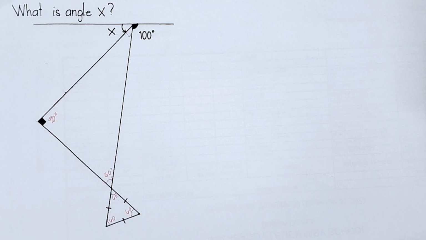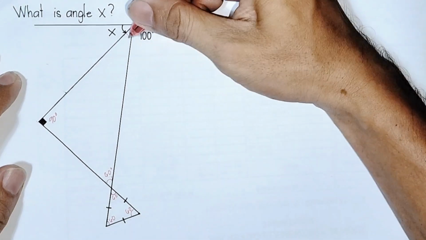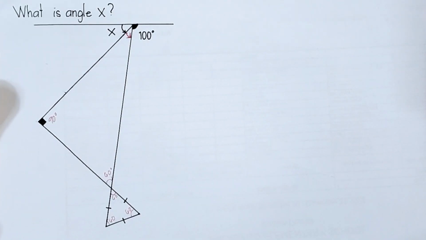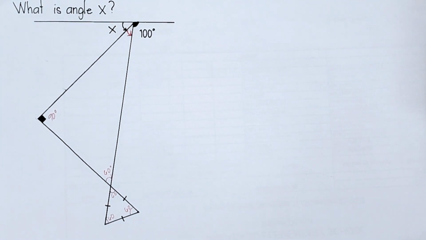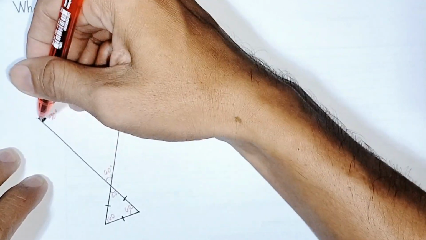Now remember that the sum of all the angles of a triangle is equal to 180 degrees. So to solve for the value of this angle here, we're gonna use the sum of the angles theorem in a triangle. First we're gonna add the two given angles here.